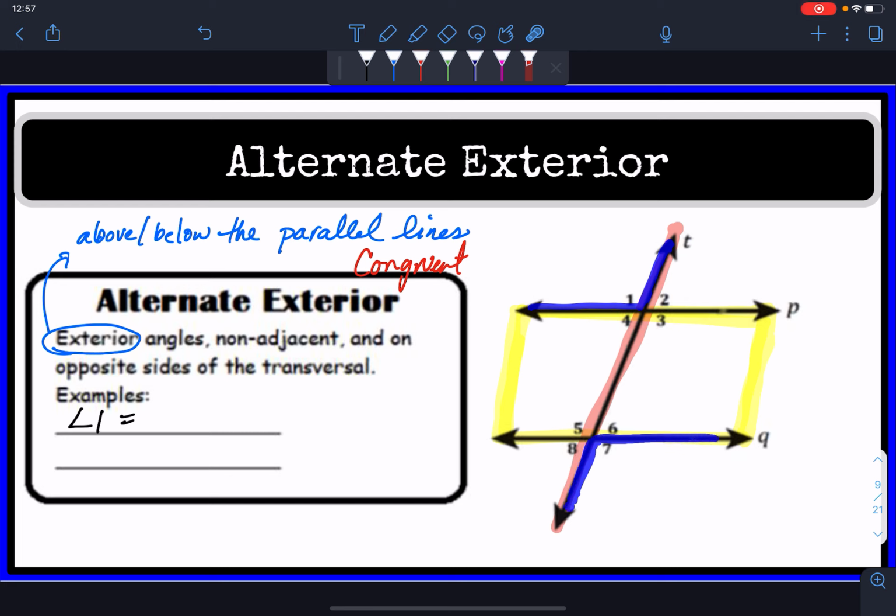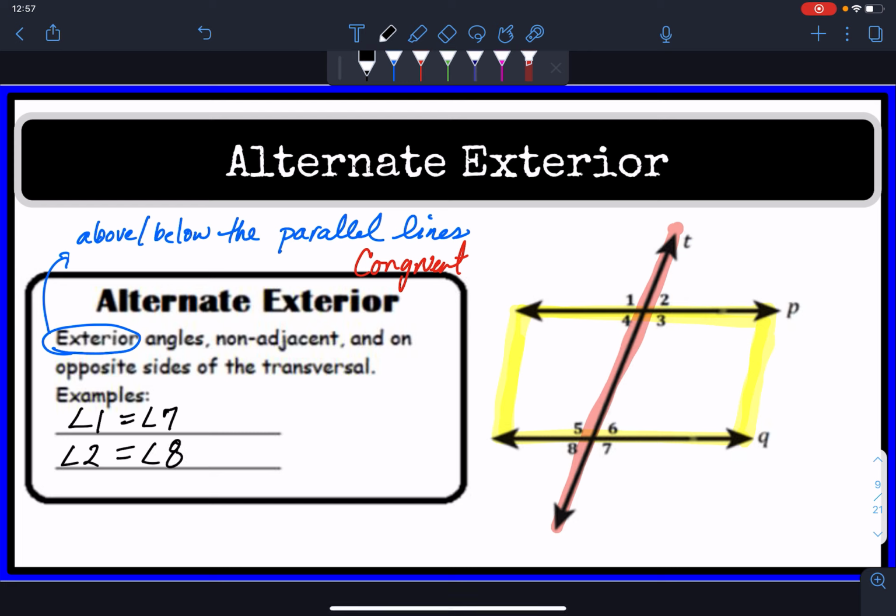It just so happens that they are the exact same obtuse angle. So angle 1 is equal to angle 7, and angle 2 is equal to angle 8.